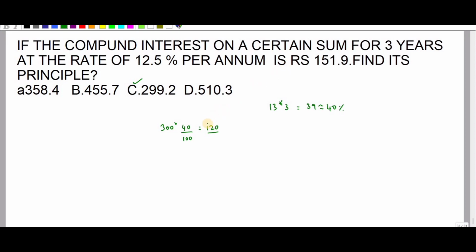Though the compound interest is greater, it will not reach 151.9. So let me take 360. 40% of 360 is 144. So this is near to the answer. So my answer is 358.4. Let me check this one.